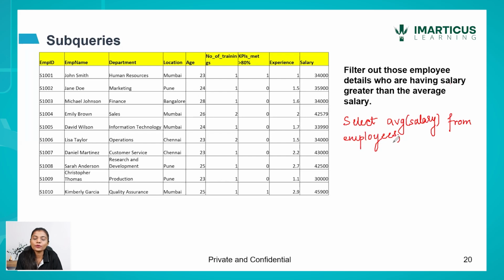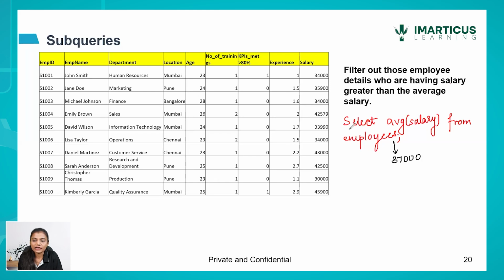This is a simplistic query to find out the average salary paid to the employees. Now what's the average salary? Definitely I'm not calculating it. I'm roughly saying that the average salary over here is 37,000. So the output of this query is, let's say, 37,000.